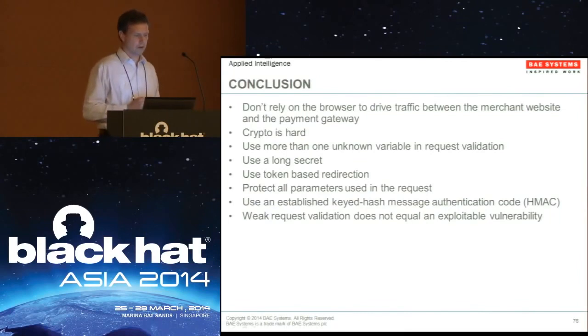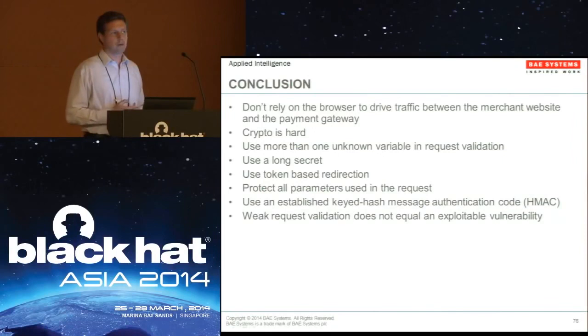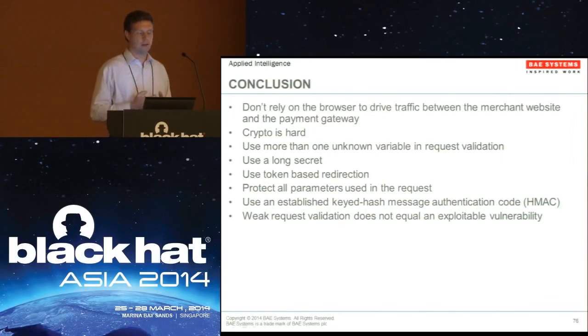It's also recommended that you protect all the parameters used in the request. Use a HMAC so that you can't be attacked with length extension attacks. However, even if they have weak request validation, it doesn't necessarily mean that they have an exploitable vulnerability. There are some mitigating factors around.